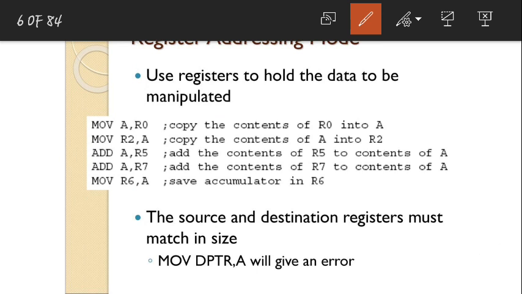Actually, add the contents of R5 and A and move the result to A, that you need to write here. Okay, the comment. See, whenever you are writing some instruction format, this is the comment that I am trying to write.